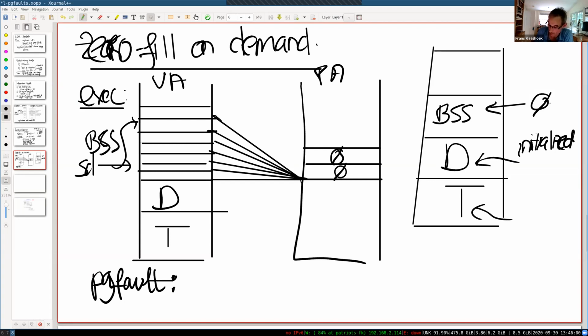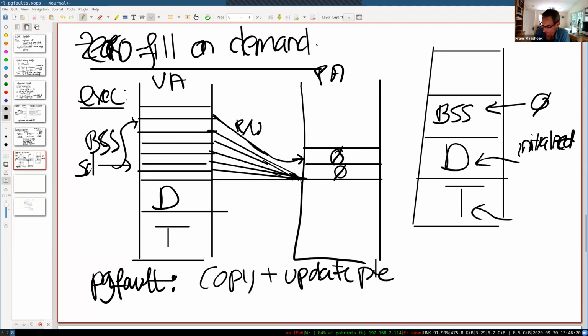We can change this mapping to be read-write and point it to the new page. So: copy, plus update the page table, and then restart the instruction. And that's it.